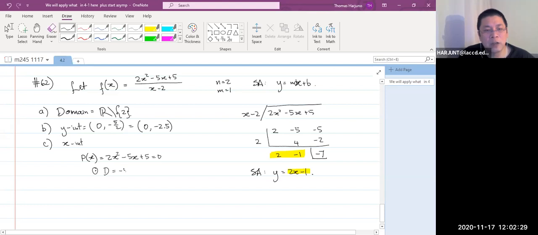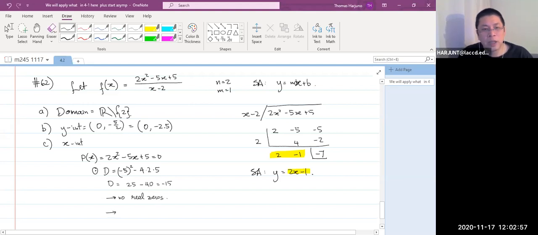The discriminant is b squared minus 4ac, which is 25 minus 40, that's negative 15. So no real zeros. There are complex zeros, but no real zeros.